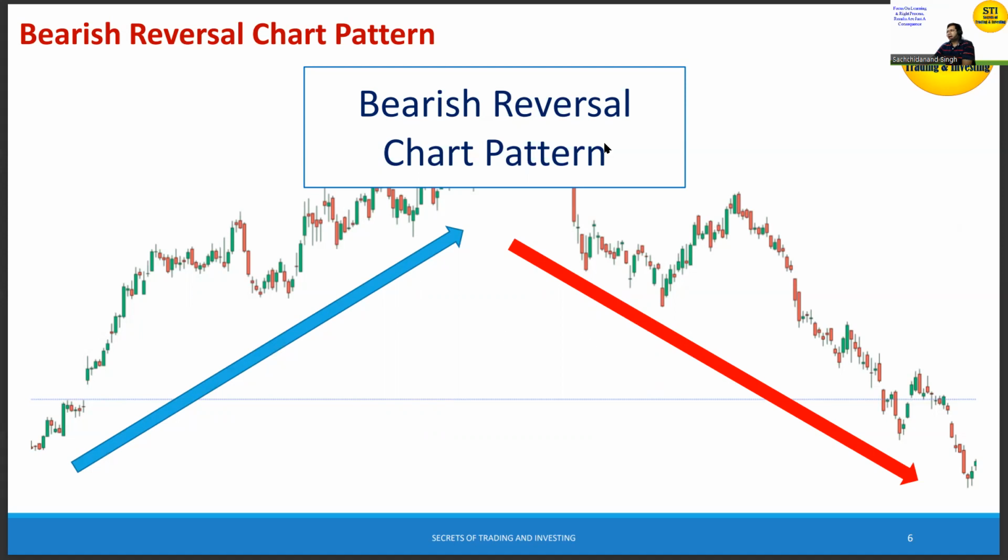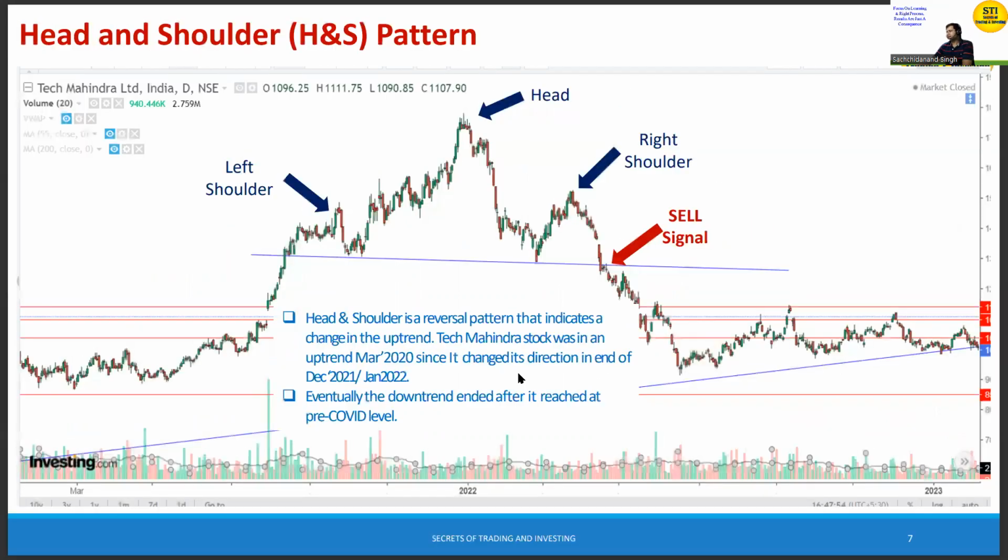That is how it will look, and how to identify them we are going to learn in subsequent discussions.